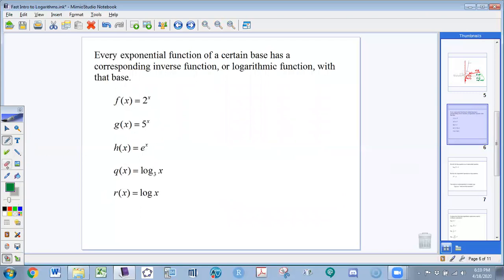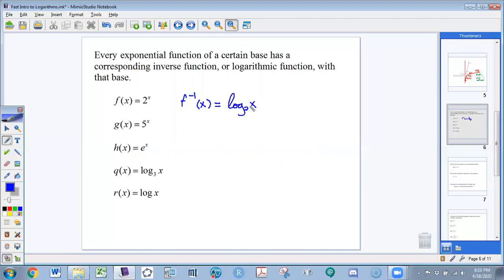Just a note here that every exponential function of a certain base has a corresponding inverse function, or in other words, a logarithmic function. We usually abbreviate that and just say log. So we just saw that if we have f of x equals 2 to the x, then its inverse is the function log base 2 of x.